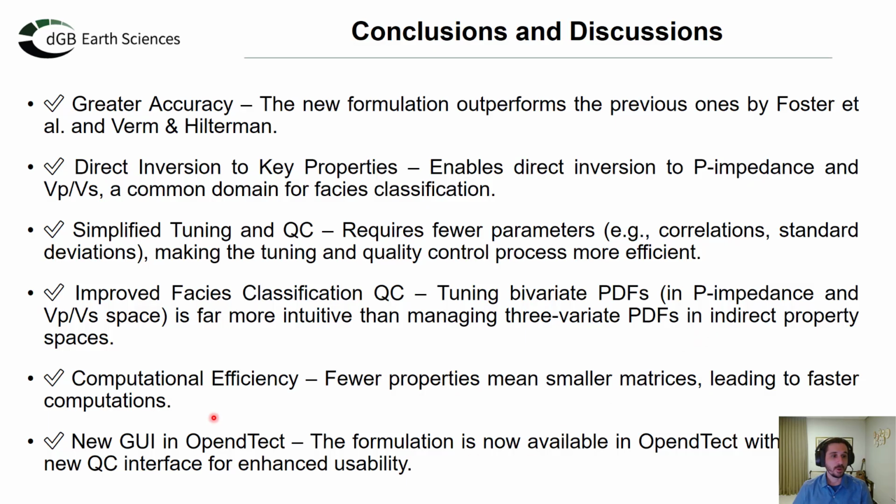And we also have some gain in computational efficiency because you have fewer properties, which means a smaller matrix, leading to faster computation of the matrix.